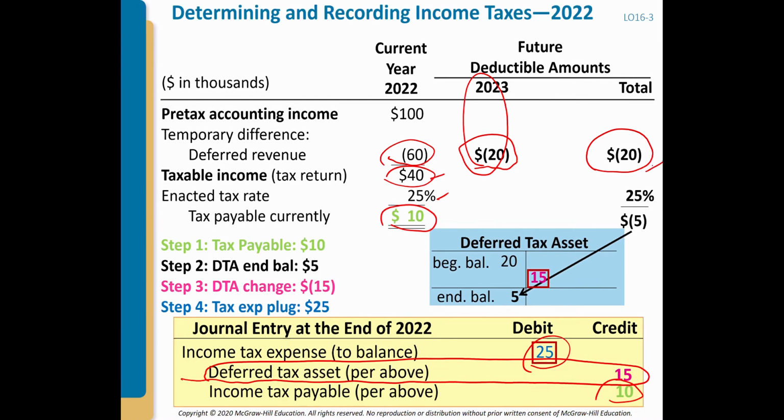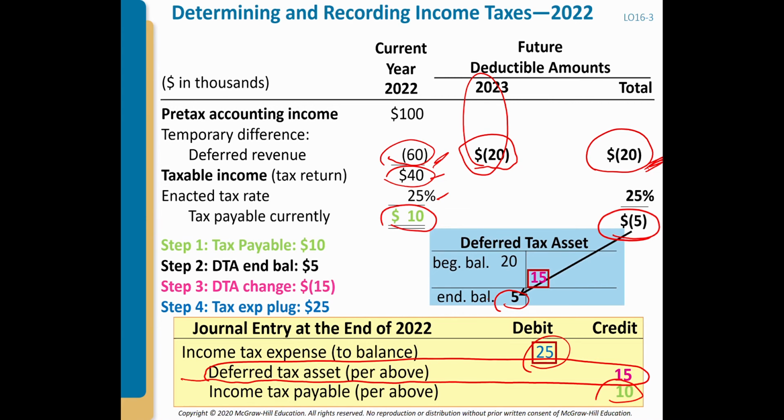So this is the future deductible amount by the end of 2021 was 80. Now you already deduct 60, right? So that's why future deductible amount now become 20. And 20 times 25, so you got 5. 5 should be the balance of this deferred tax assets. That should be the total benefits of this tax issues.